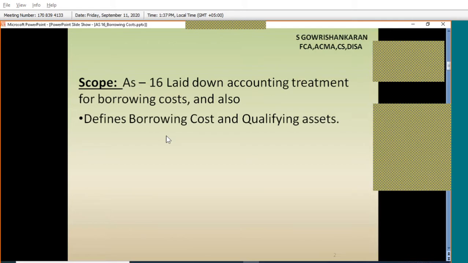All these things are termed as qualifying assets. And recognition of borrowing cost: should I account this in my books of accounts or not? What is the condition? When should I account this borrowing cost, and when should I not? That is recognition.